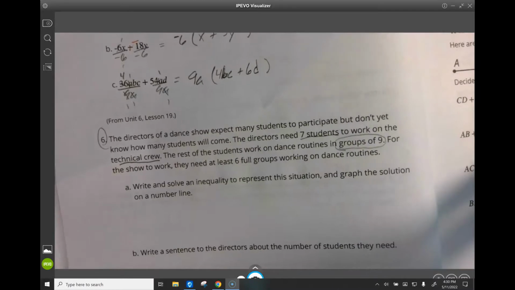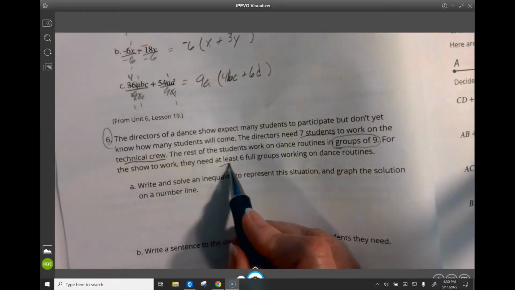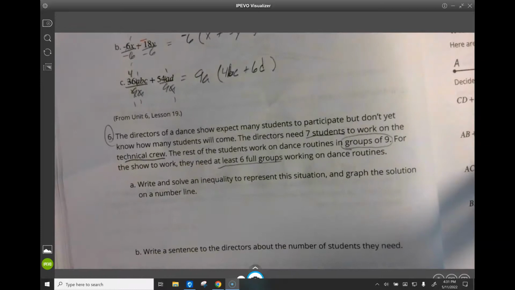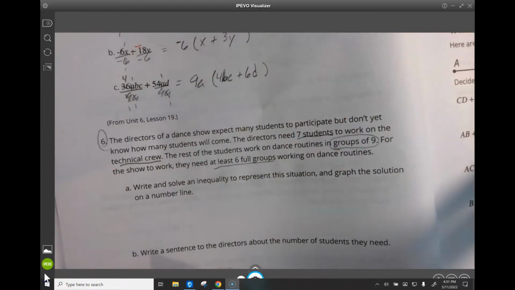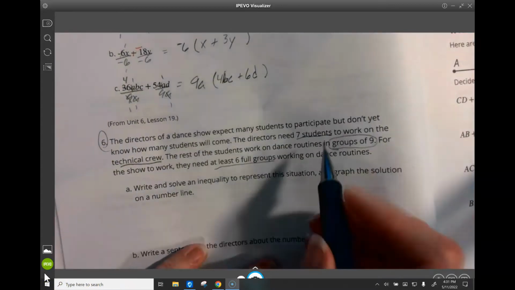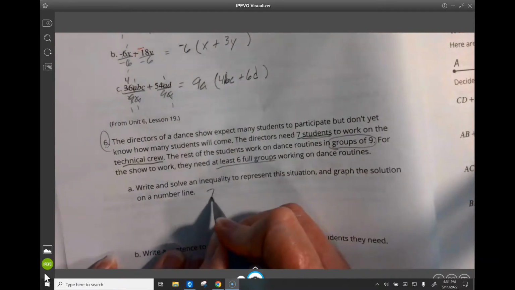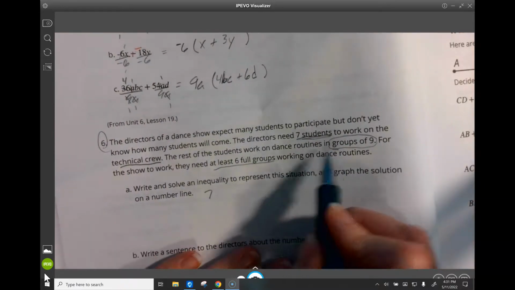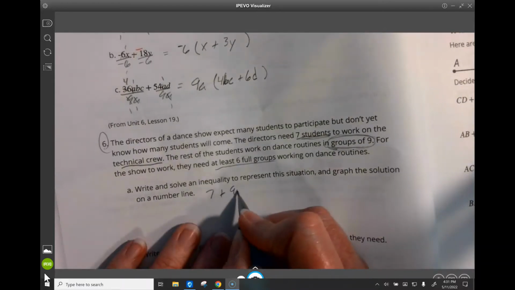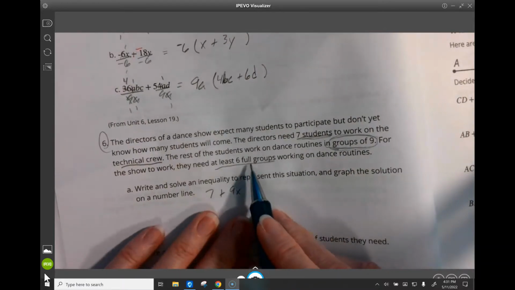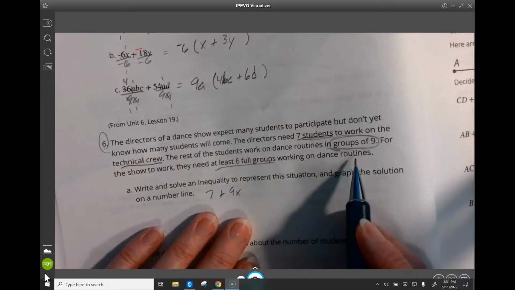Okay, to show their work, they need at least 6 full groups working on dance routines. So this one was really confusing, and I read it again. And so here's the thing. We have 7 students. We need groups of 9. Do we know how many groups? Nope. Okay, they need at least 6 full groups working on dance routines.